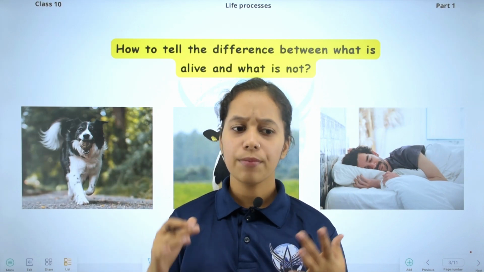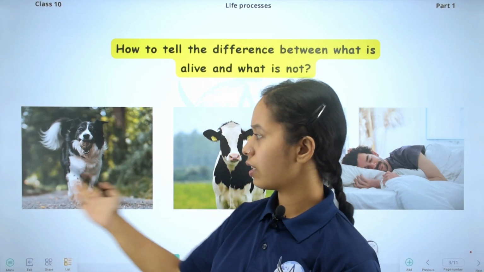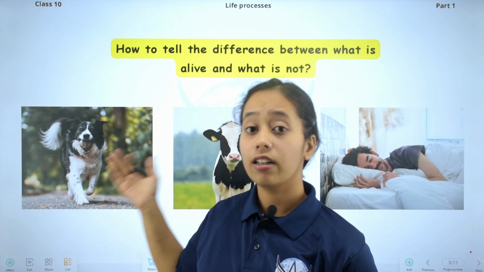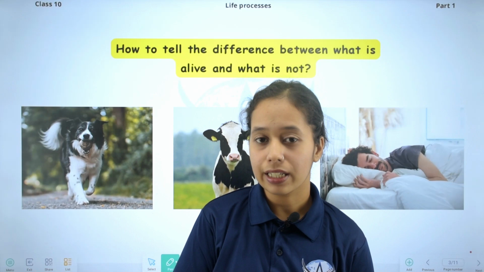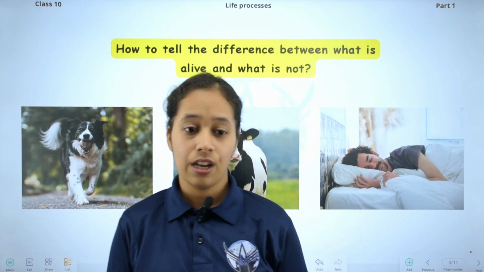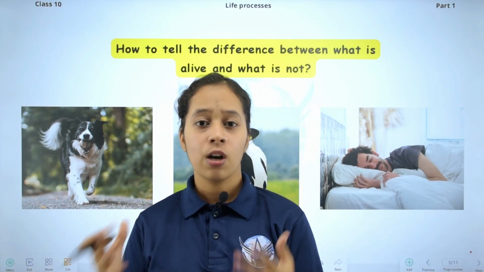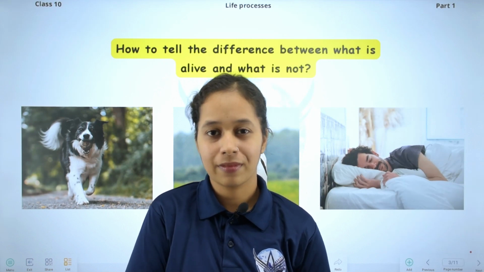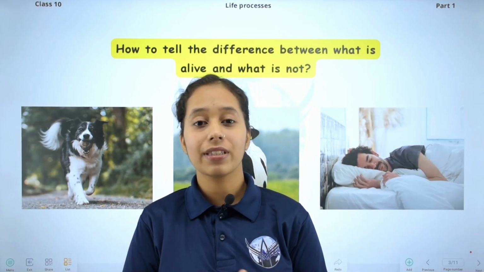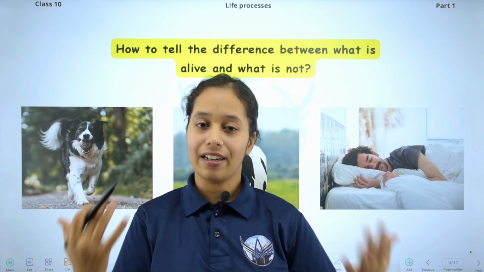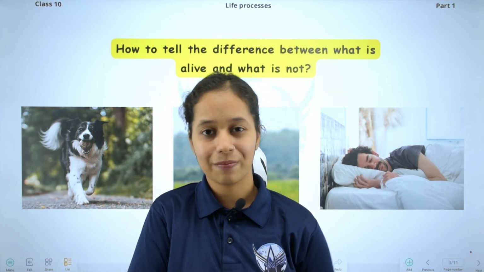So can I broadly say that all of these three, a dog, a cow, a human being, in fact, living beings, can move around from one place to another on their own free will, and hence we can say that these organisms are alive, and since they are alive, they are living beings.